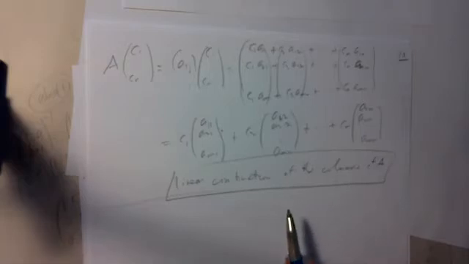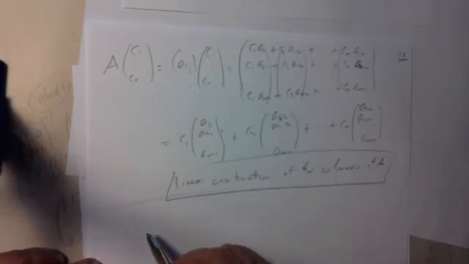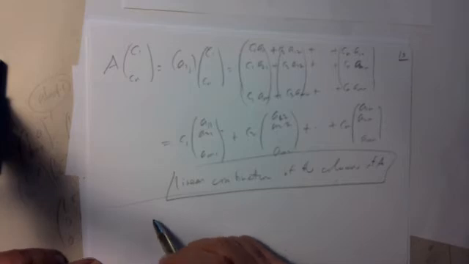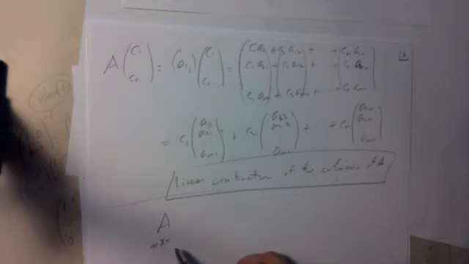And the exactly analogous thing is true if you take a row vector times the matrix. Now, how can you do that? So if A is your m by n matrix, you can multiply it on the left by a row vector.